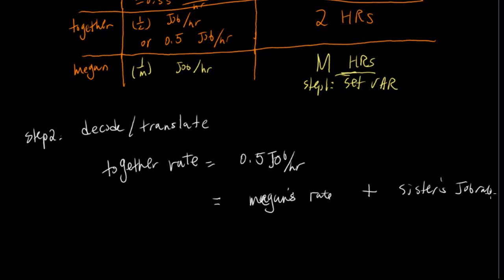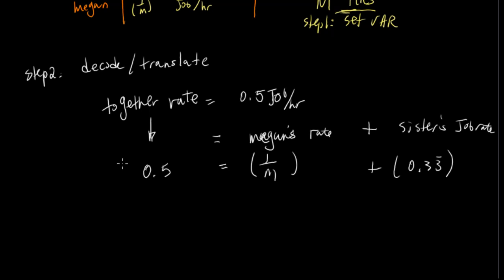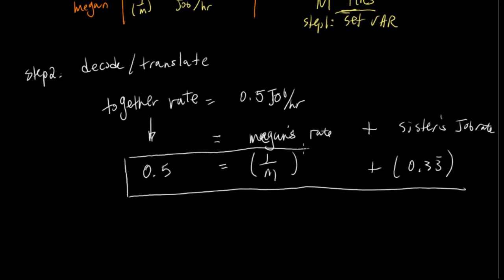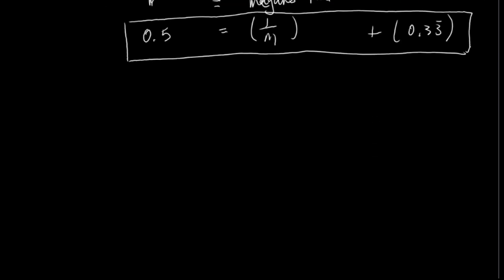What's Megan's rate? 1/m. What is the sister's rate? 0.33 repeating. Both of them are in jobs per hour. What's the together rate? We said it's 0.5. So here's our equation: 0.5 job rate is equal to Megan's rate plus sister's rate. Now let's solve this further and figure out what M is.